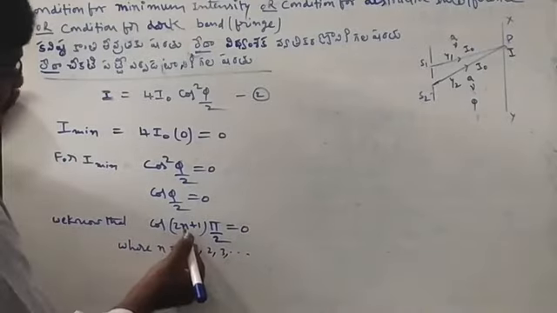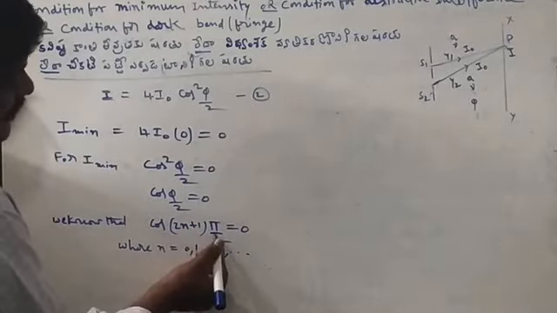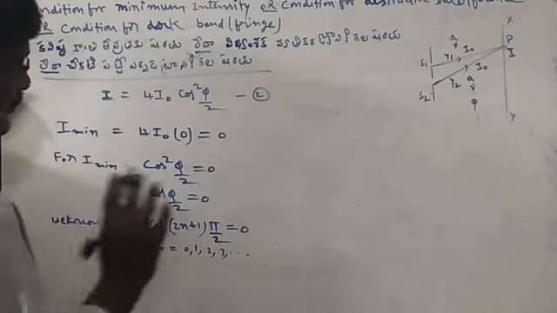First substitute 0: cos pi by 2, that means cos 90, which is 0.